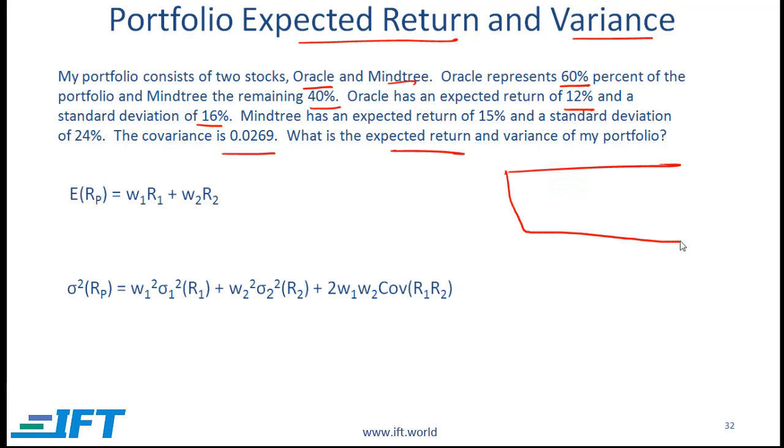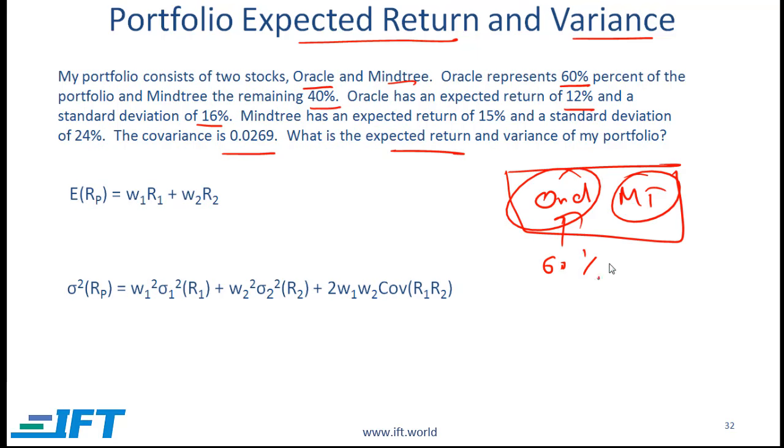In this simple portfolio, I just have two stocks, Oracle and Mindtree. This is 60%. This is 40% of my portfolio.